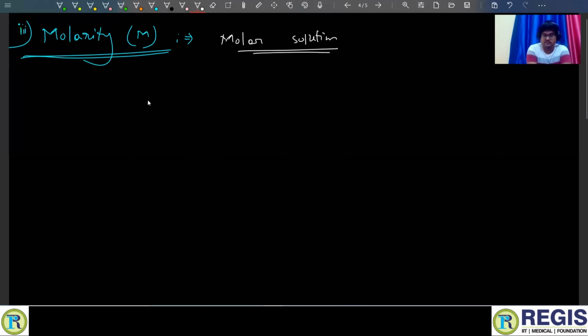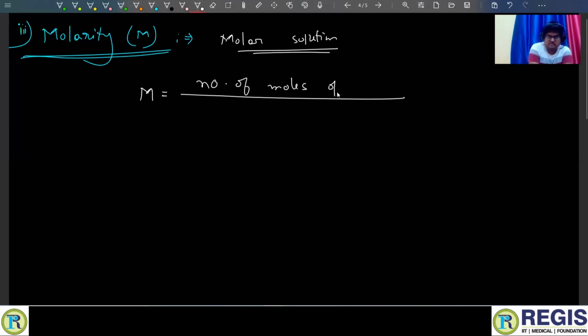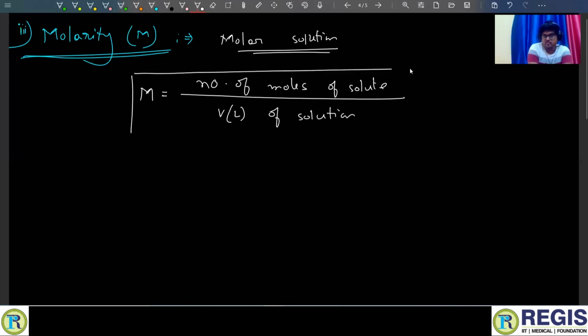Now, what is the meaning of molarity? Molarity is basically the number of moles of solute present in 1 liter of solution. Okay, this is about molarity.